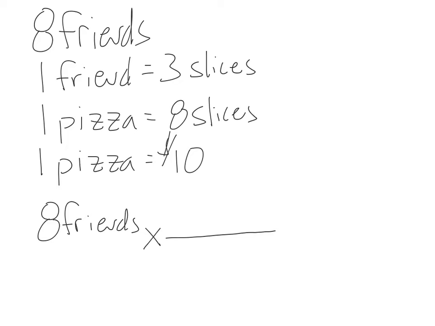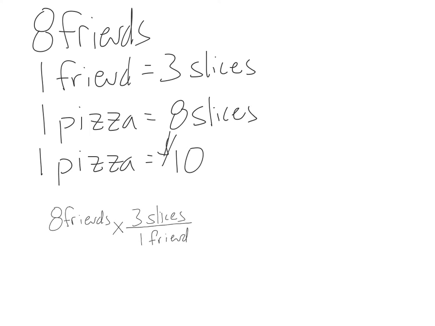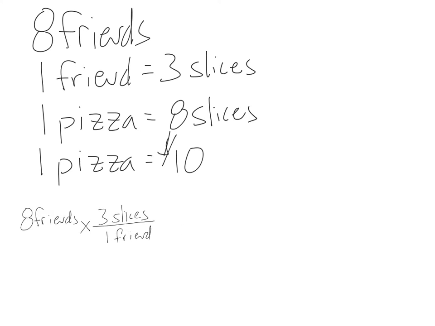So looking up at my conversion factors, I know I have 1 friend equals 3 slices. So I put 1 friend, 3 slices. If I were to stop here, I know how many slices of pizza I would need. But that's not what I want. Let me see if I can make this smaller. I can. I'm going to need the room.